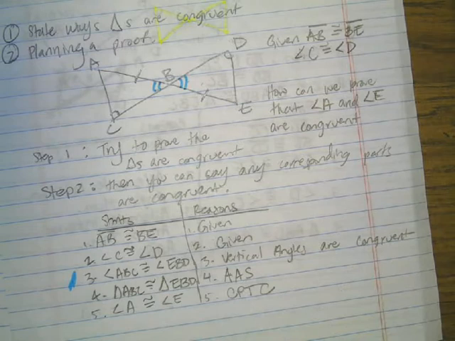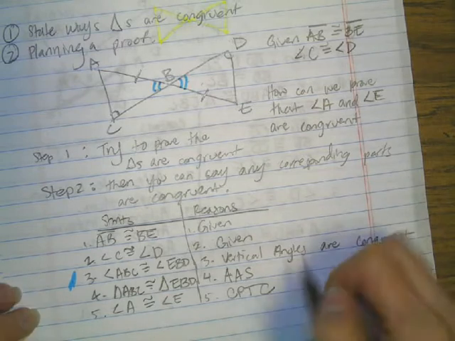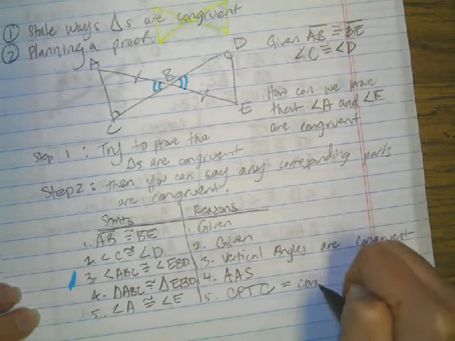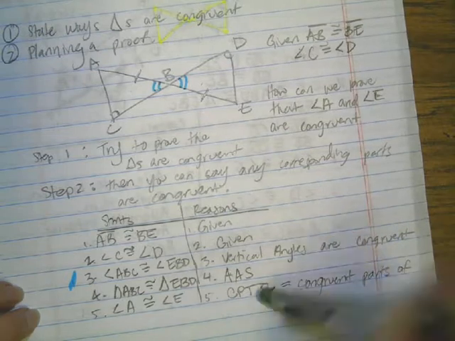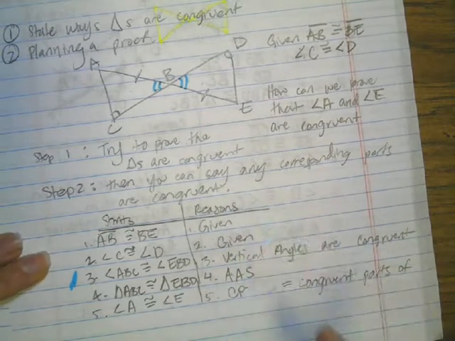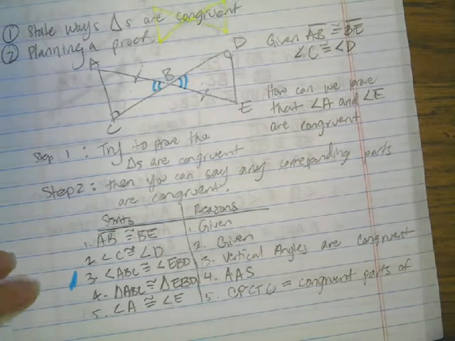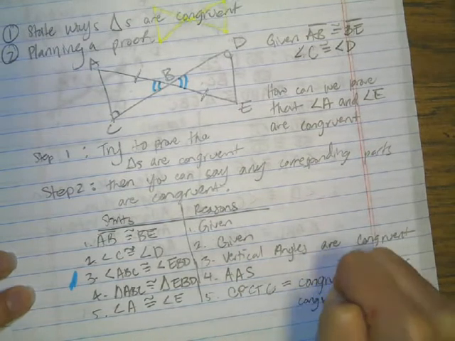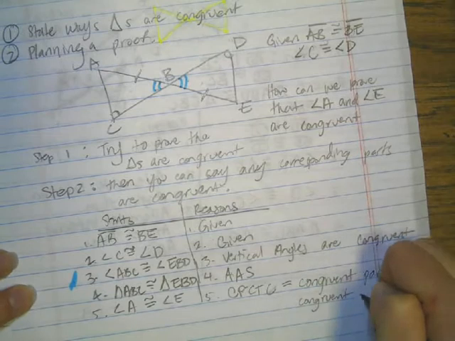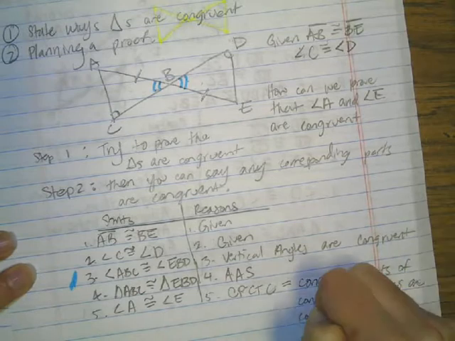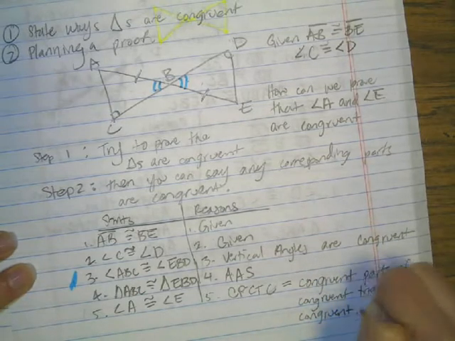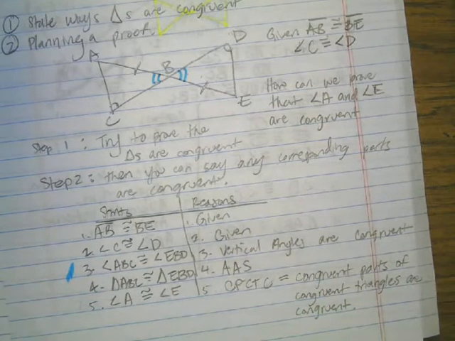I just read it as CPTC, but actually it should be CPCTC. Congruent parts of congruent triangles are congruent. So once you prove the triangles are congruent, you can prove that those 2 parts of the triangles are congruent.